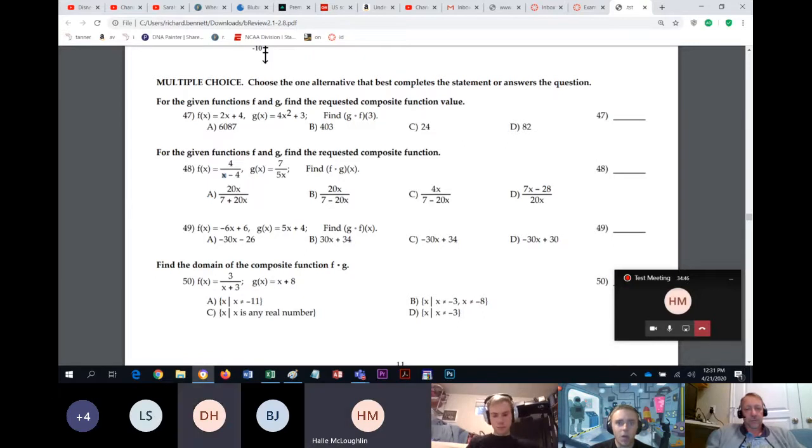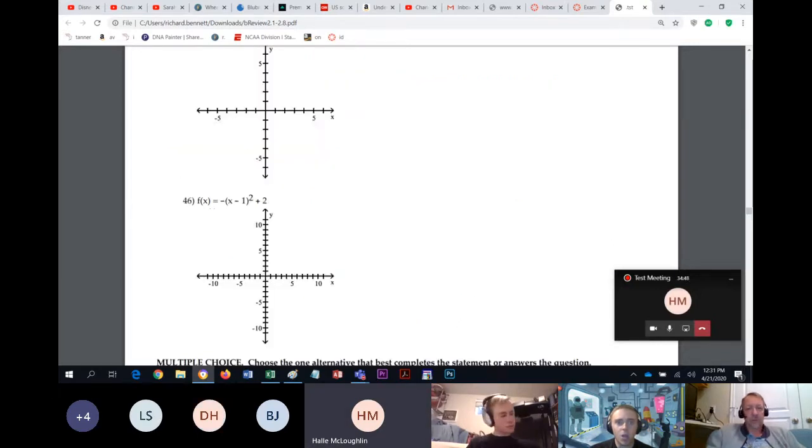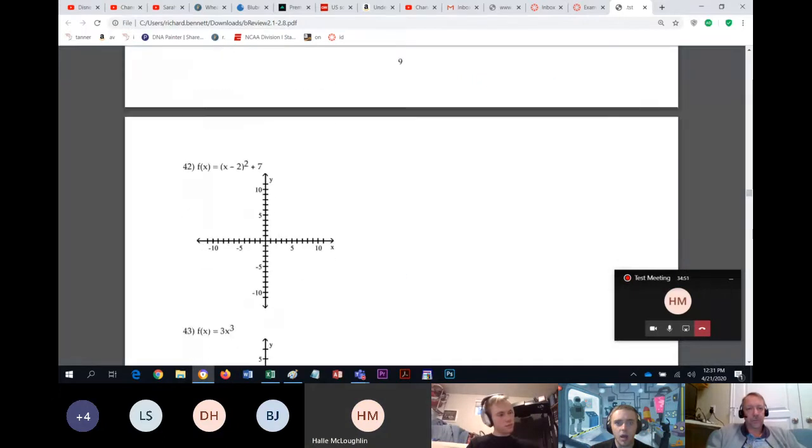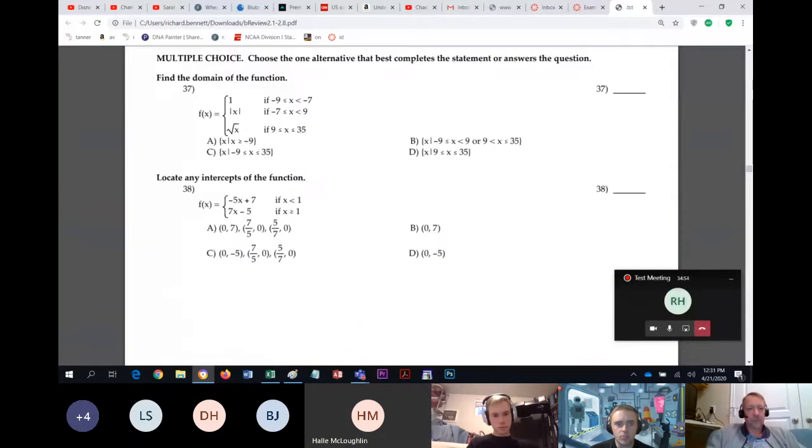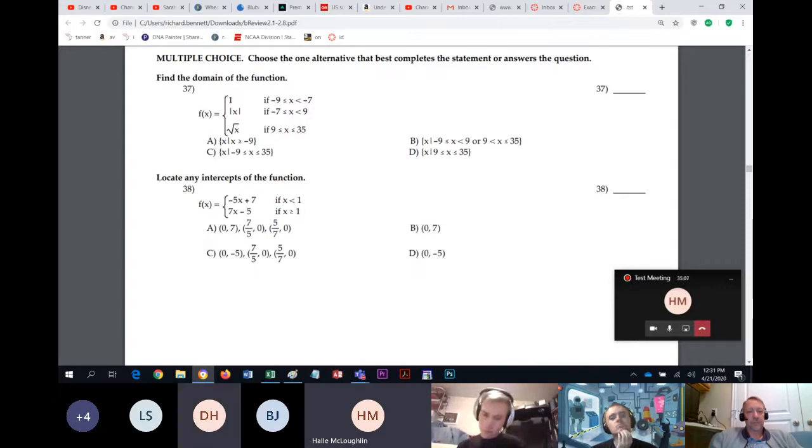Can we do 38? List the intercepts of this function. So how do we do that? I wasn't even sure where to start on that one. Oh, really?